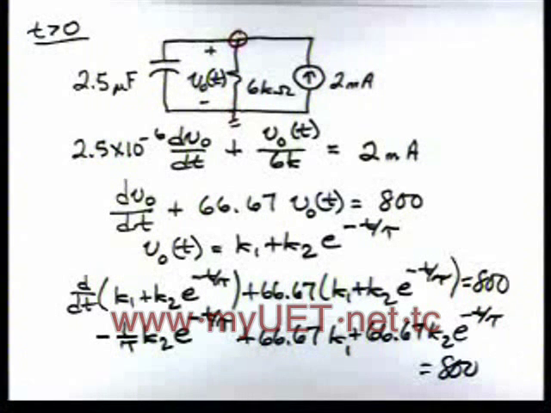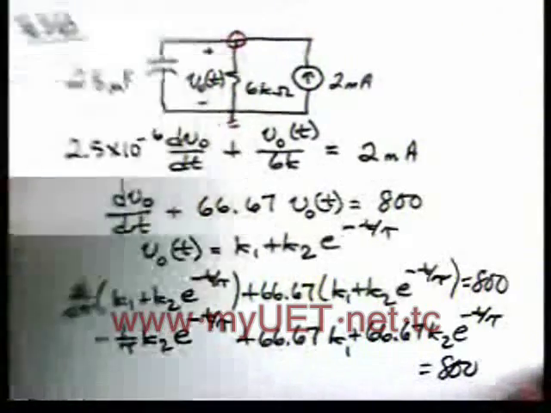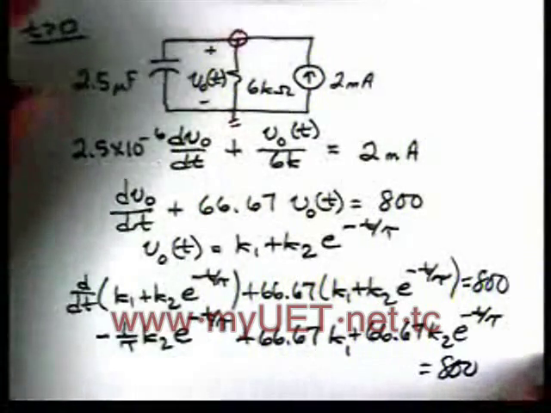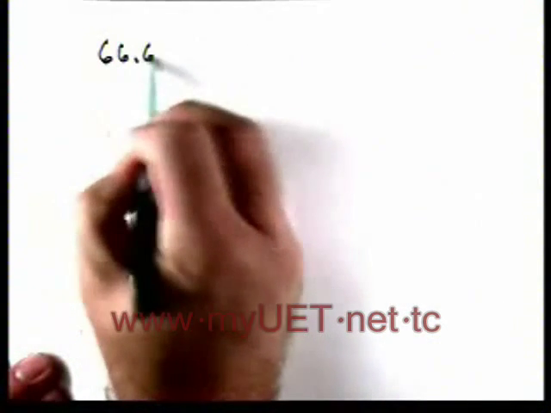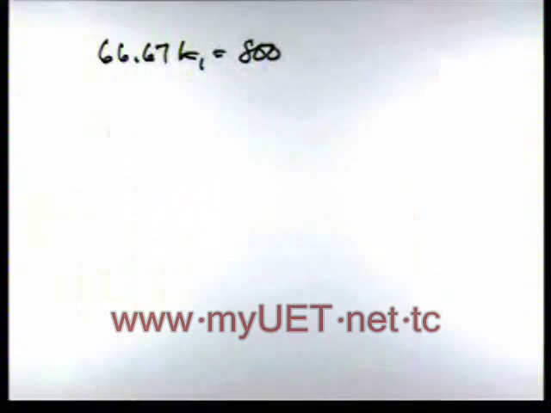Now if we think about what an equal sign means, everything on the left has got to equal everything on the right. Looking at our equation, these two terms don't involve e to the minus t over tau. So one thing we can conclude from this is that 66.67 K1 has to equal 800.